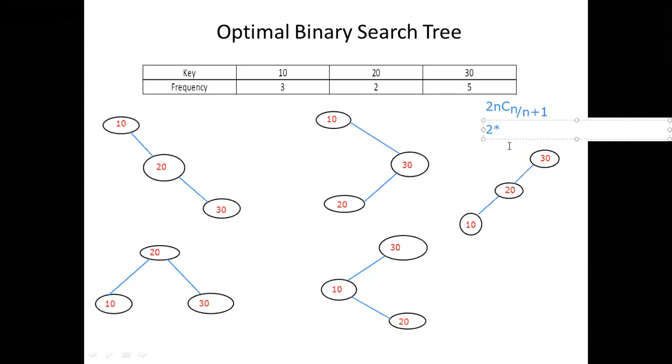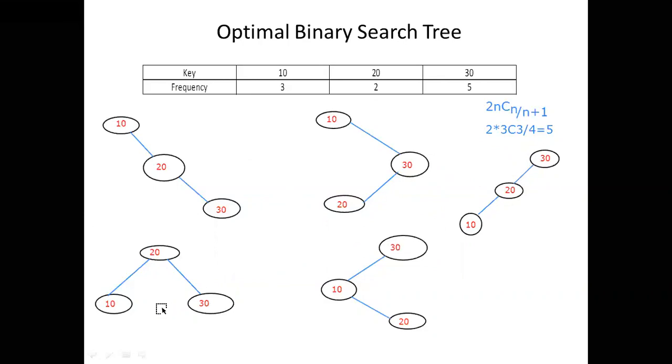So 2 into 3, that is 6 C 3, divided by n plus 1, which is 3 plus 1, so 4. The answer will come as 5. That means 5 different binary search trees can be generated with the help of these 3 keys. 1, 2, 3, 4, 5.